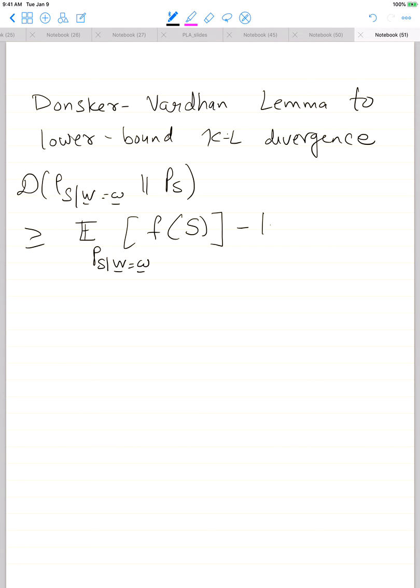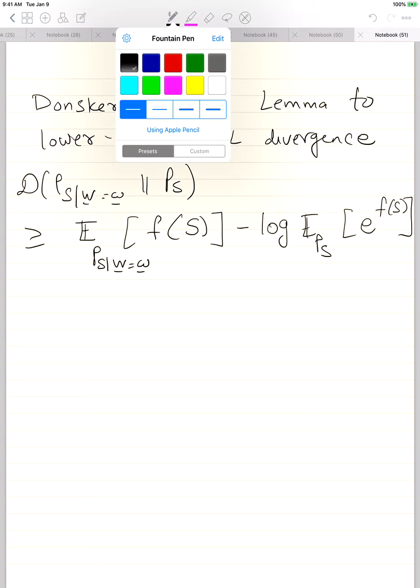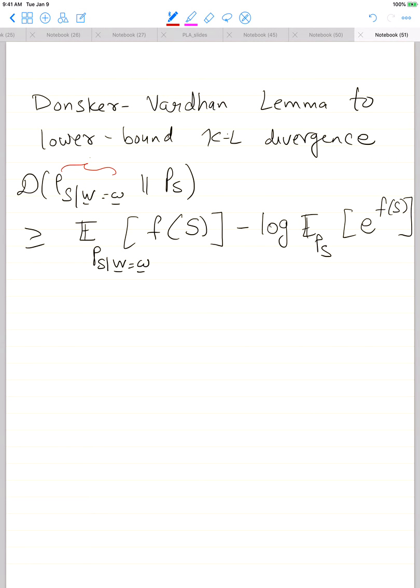So this is my P distribution, and this is my Q distribution in the Donsker-Varadhan lemma: for any function f, I take the expected value of f with respect to P minus log of the expected value of e to the f with respect to Q. Q is PS.